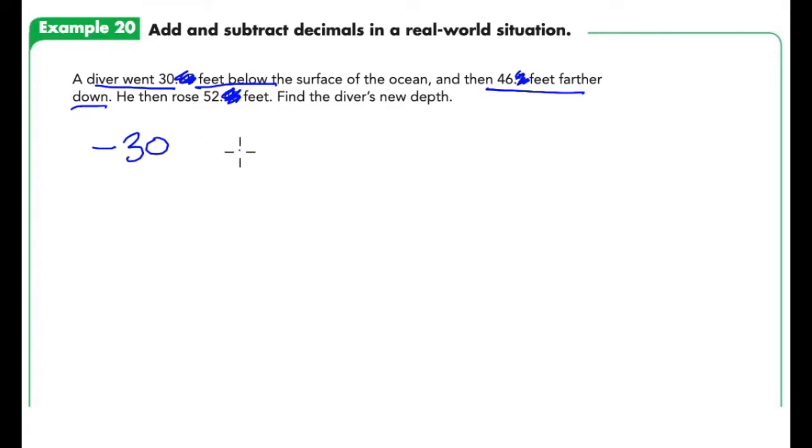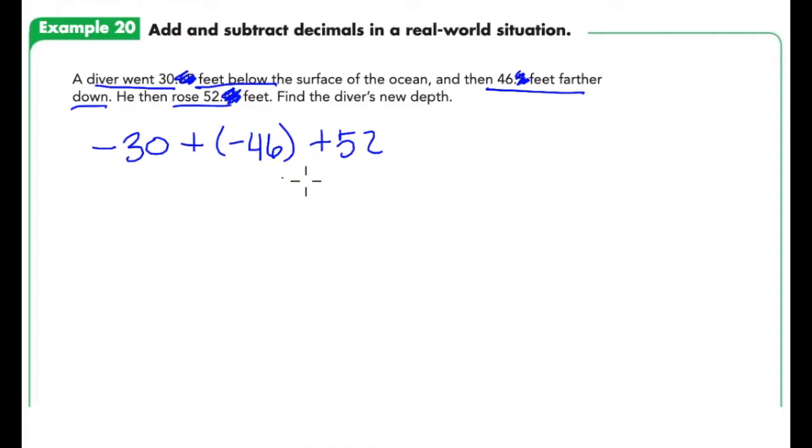So there's two ways I could show that. I could subtract 46 feet, or I could add a negative 46 feet. And then he rose 52 feet. Rising 52 feet will be represented by adding a positive 52.